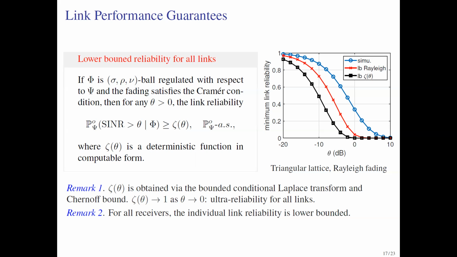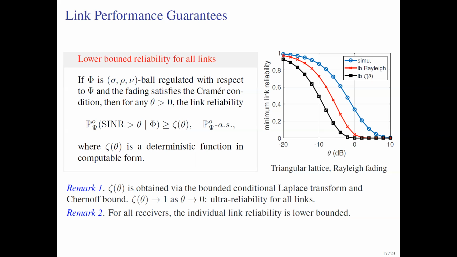The red curve and the black curve are obtained by using this zeta theta function that we obtained. And one thing to notice is that zeta of theta goes to 1 as theta goes to 0. It means that there exists some small enough transmission threshold such that we can guarantee arbitrarily large reliability for all links.